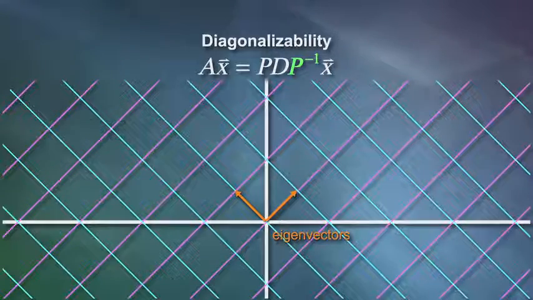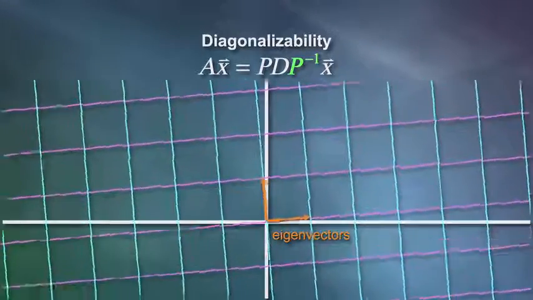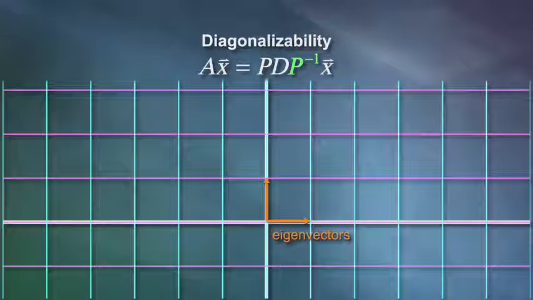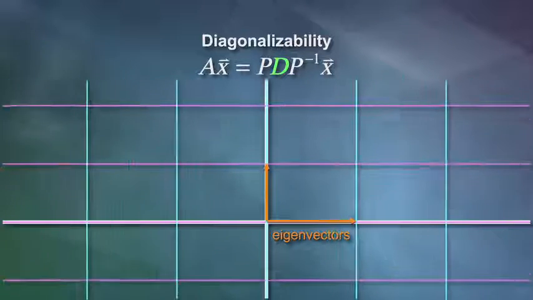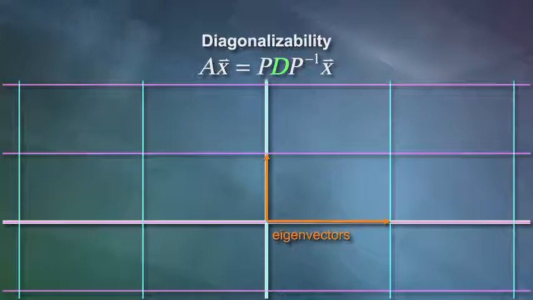First, multiply by P inverse, which takes the basis of columns of P and transforms it into the standard basis along the axes. Next, you can multiply by D, and that just scales the standard basis vectors along the axes by the corresponding eigenvalues.